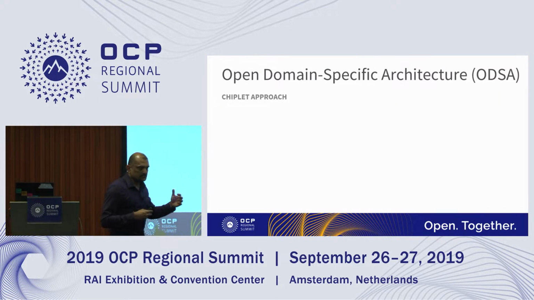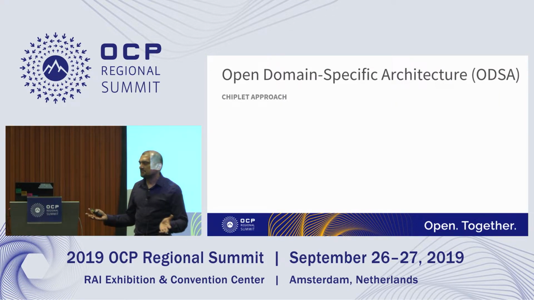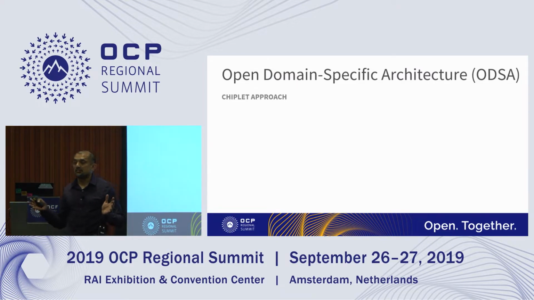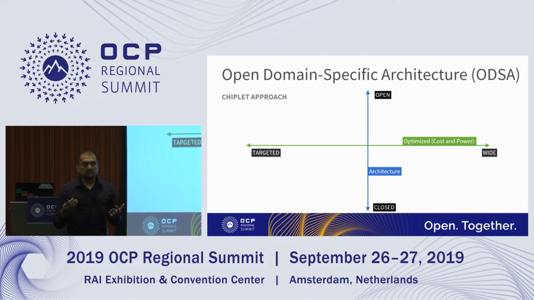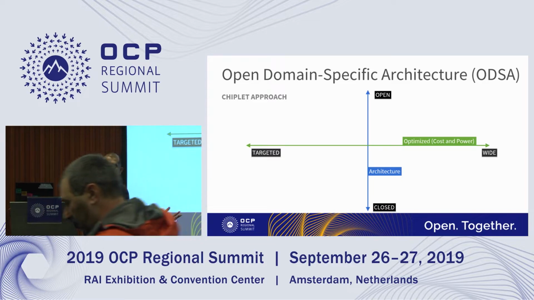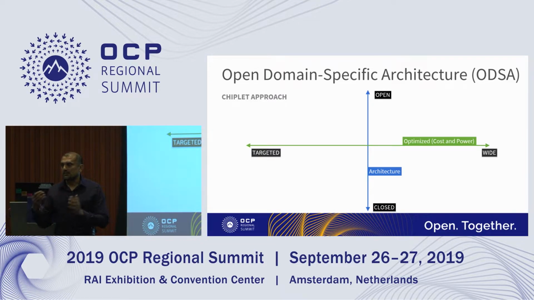So that brings us to ODSA and the chiplet approach, which the industry is already using today. If you classify the portfolio of solutions which are available using the chiplet approach, you can look at it on 2 dimensions. One, that of architectures, which are either open or closed, or solutions which are optimized for cost and power, which can be targeted or wide.